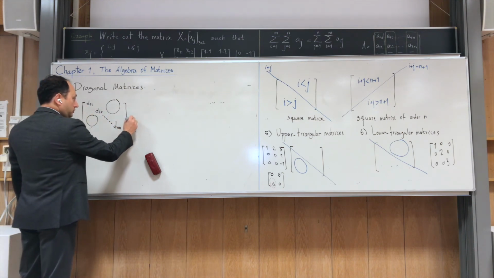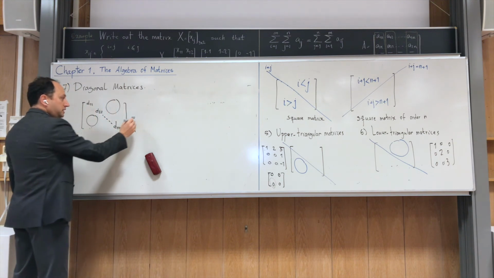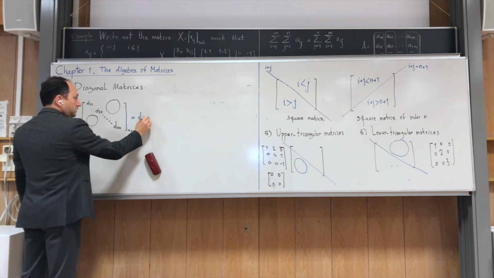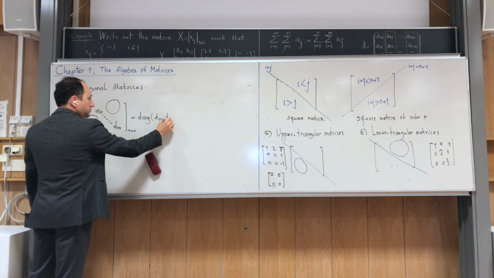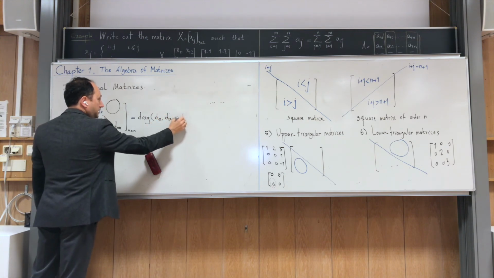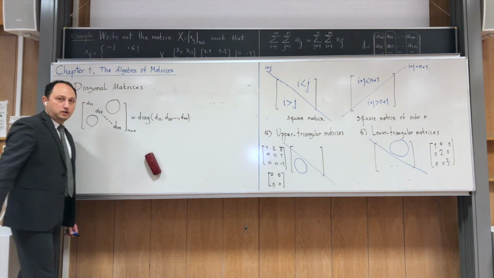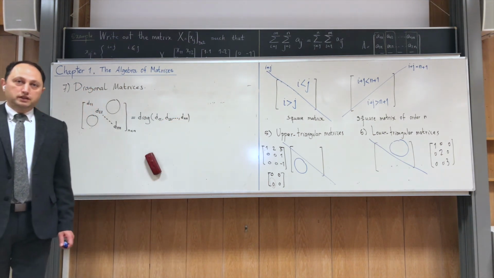And there is another notation for this diagonal matrix. We write it as diag and then I put the entries here, D11, D22, up to DNN. That's also one notation that is sometimes used in the literature.